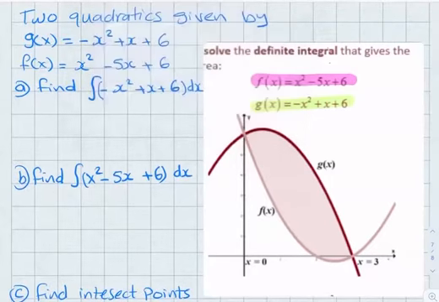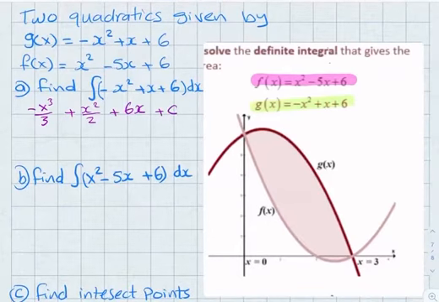So the integral of the first one here for a is going to be minus x cubed over 3. This is indefinite integration, because there is no limit at the moment, yeah? So we just do minus x cubed over 3 plus x squared over 2 plus 6x plus c.